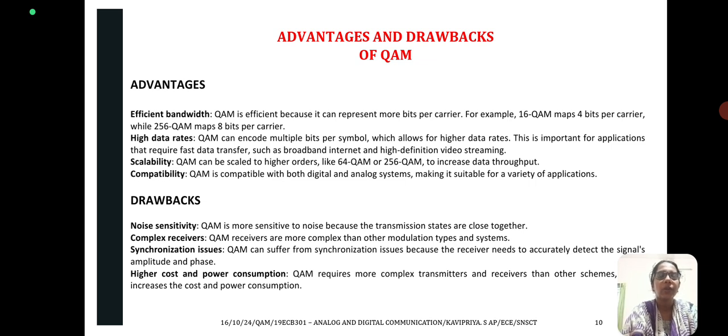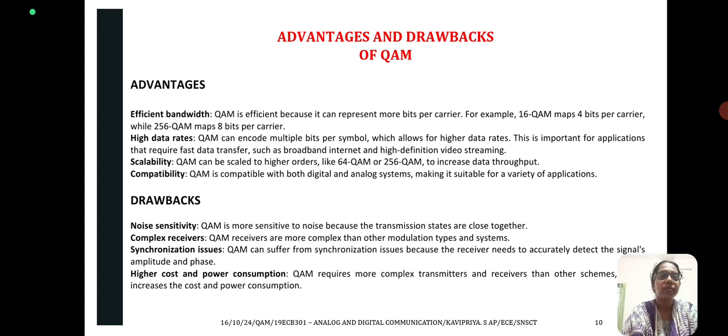The drawback is noise sensitivity. QAM is more sensitive to noise because the transmission states are close together. It has a complex receiver. QAM receivers are more complex than those of other modulation types. Next are synchronization issues.